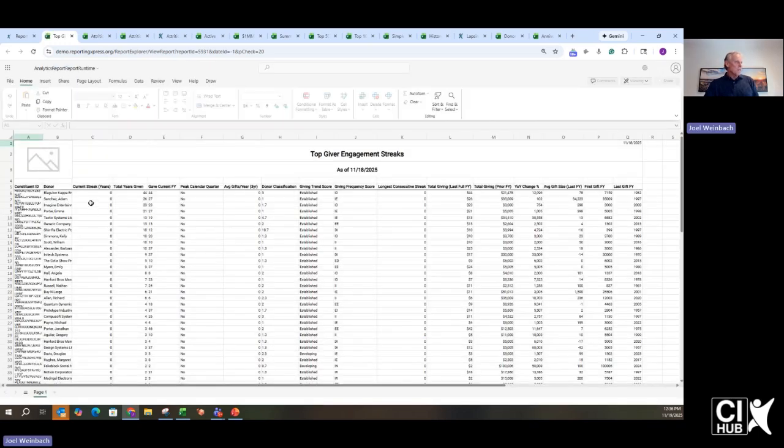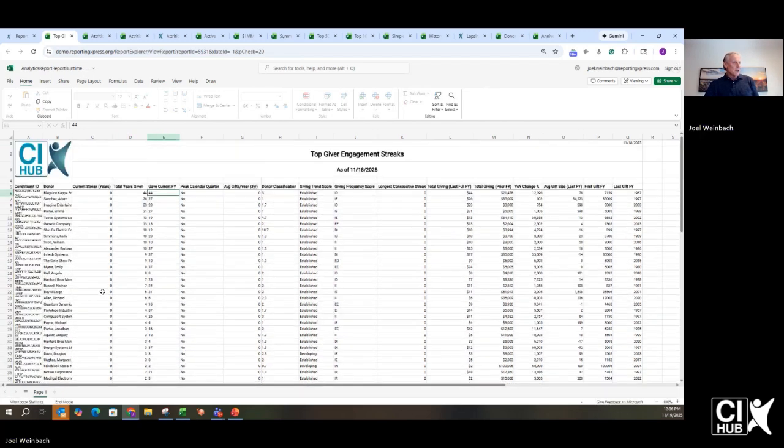So, how many years has this person given? What's the current streak they're on? This is early in the year, so a lot of these are at 0. The average number of gifts they've given, total giving last year, total giving the prior year. This is a big difference here.